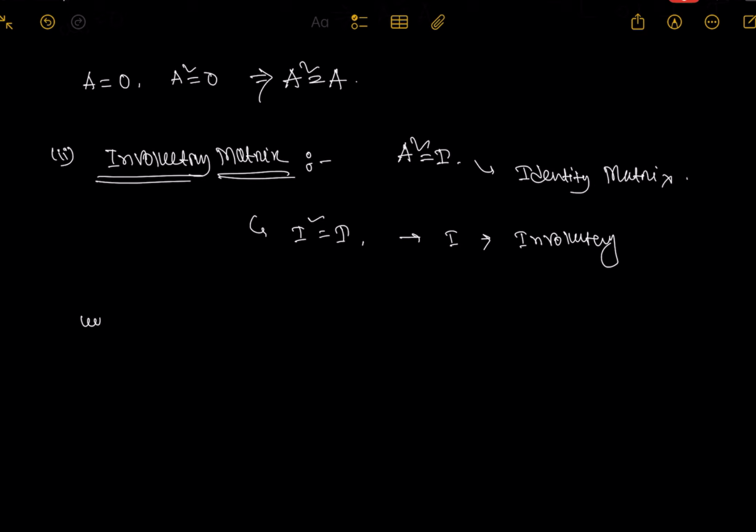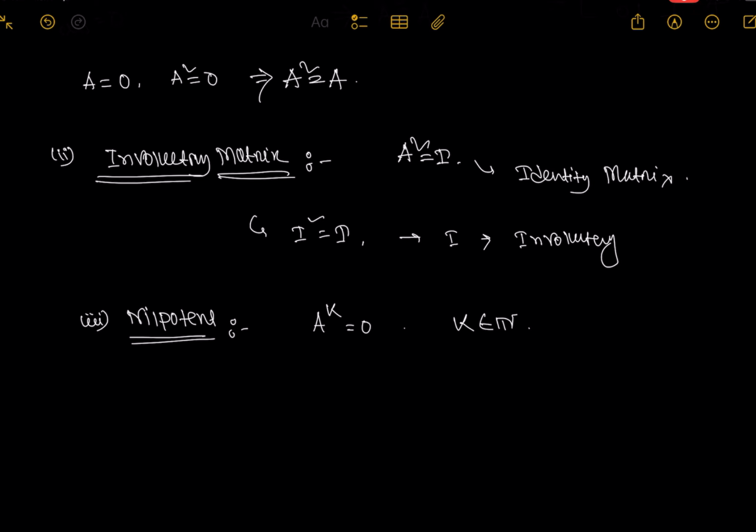Third case, nilpotent. A square matrix A is said to be a nilpotent matrix if A to the power k equals 0 for some k belonging to the natural number set.